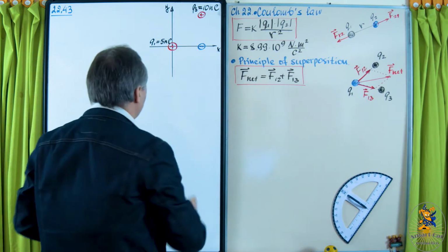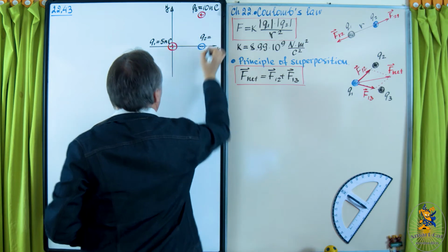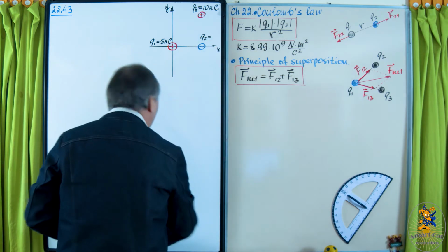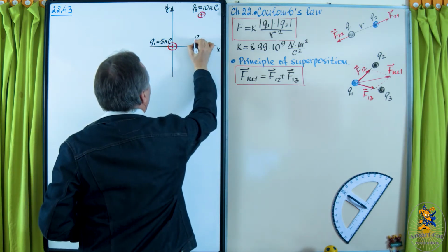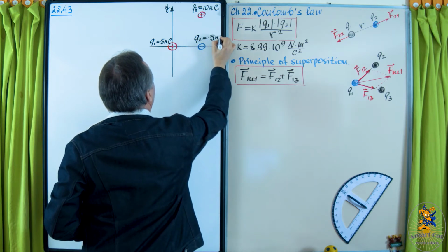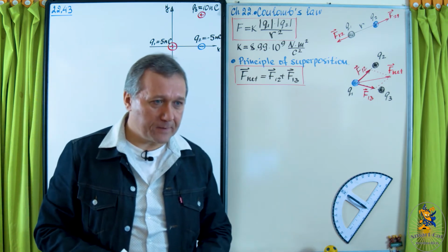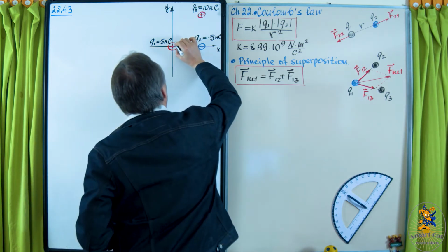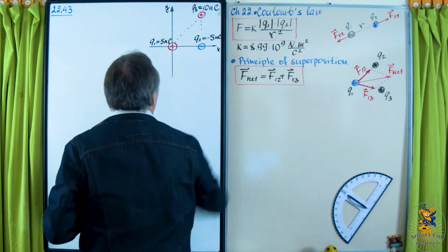And this negative one, let's label it as Q2, negative 5 nanocoulombs. I need more space. Okay, so that's the electrical part. Now let me draw a few dashed lines like this. That's an ugly dashed line.